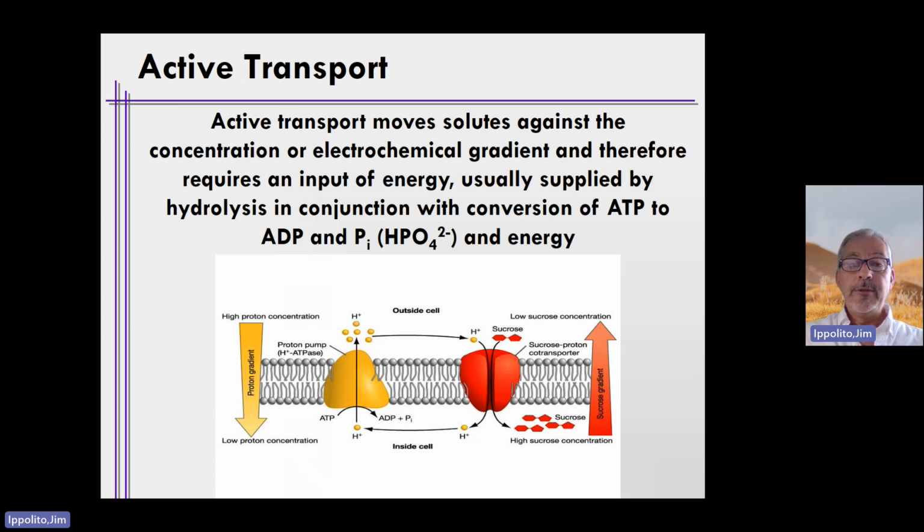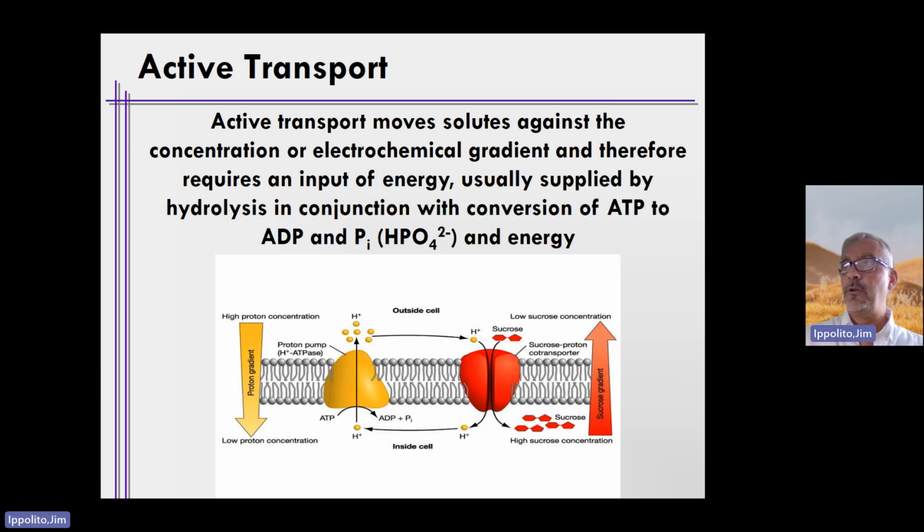So up until this point, we've talked about passive uptake, but active uptake is what you see in this picture. And active uptake ties directly in to the points made on the previous slide. Active transport or uptake simply moves solutes against a concentration or electrochemical gradient and requires the input of energy.